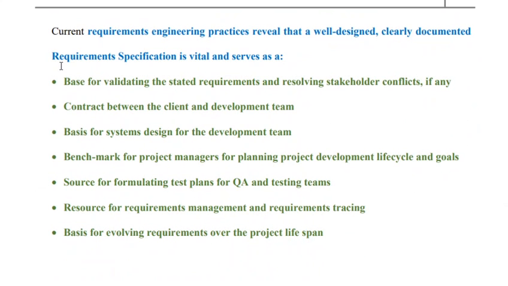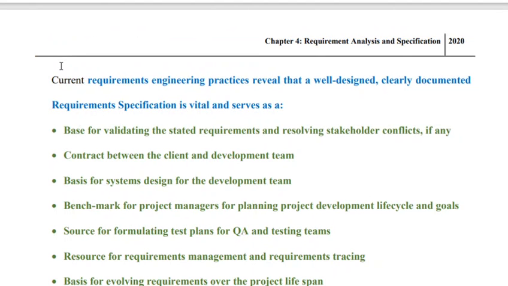Now, current requirement engineering practice reveals that a well-defined, clearly documented requirement specification plays a very critical role, right? This is very true. It is always found that when the specification documents are concise, clear, and free of anomalies, ambiguities, contradictions, and incompleteness, they play a very critical role in system development or system engineering.